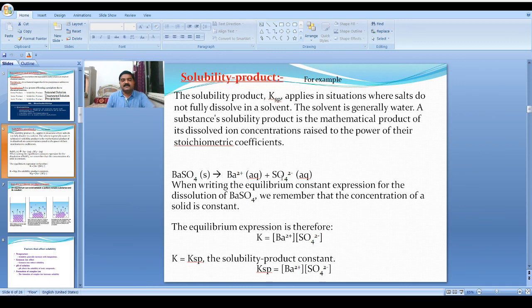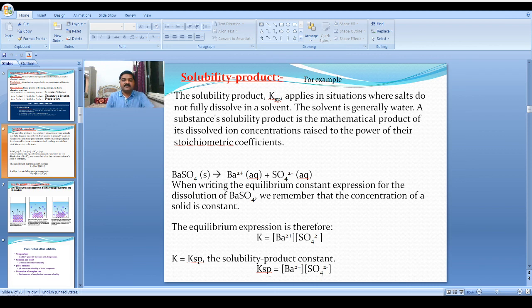When we write the equilibrium constant expression for the dissolution of barium sulfate, we remember that the concentration of the solid is a constant, and the equilibrium expression can be written as K equal to concentration of Ba2+ into concentration of SO4 2-, where K equal to Ksp, the solubility product.